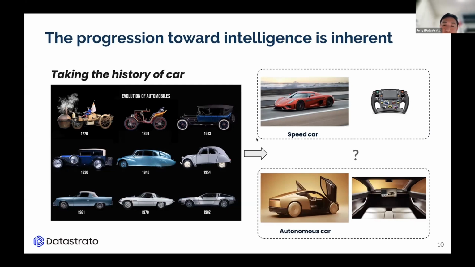So for most consumers, do we want to pursue a faster car with very complex controllability, or do we want an autonomous car without a steering wheel? For most consumers, I think we want things to be simpler. We even want a car that can drive itself. This is how the automobile industry evolves, and I think it can also apply to other industries like the data industry.